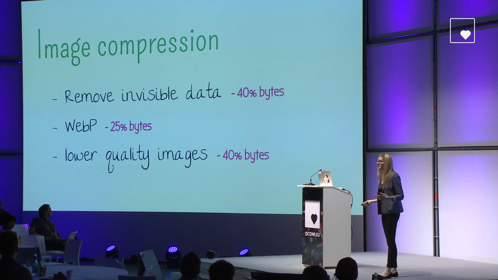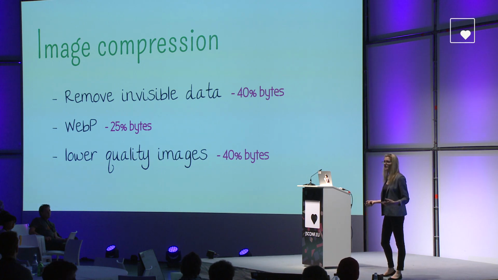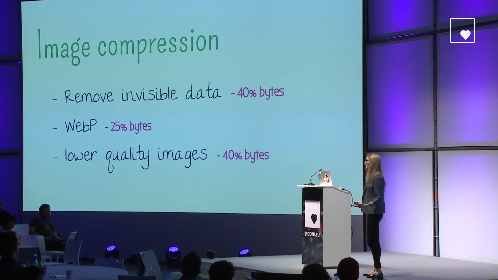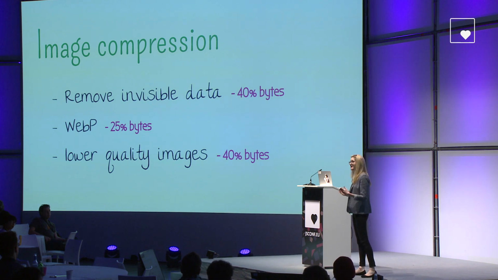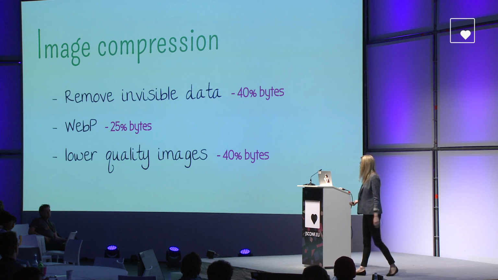On top of that, for browsers that support WebP, which is another image format such as JPEG, we convert the images to WebP, and that reduces the images further. And then for Chrome users that have data saver enabled, or places in the world where data is extremely slow, we lower the quality of the images even further to save more bytes.